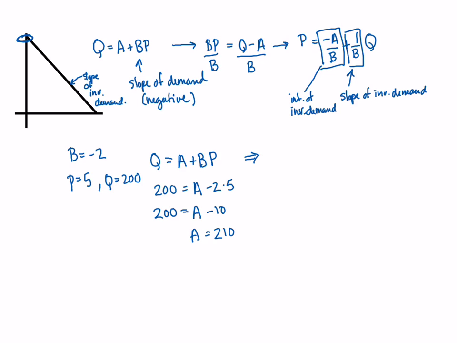Now we have all the information about the demand curve. The demand curve is quantity equals 210 minus 2 price. So how do we translate this to the inverse demand curve?